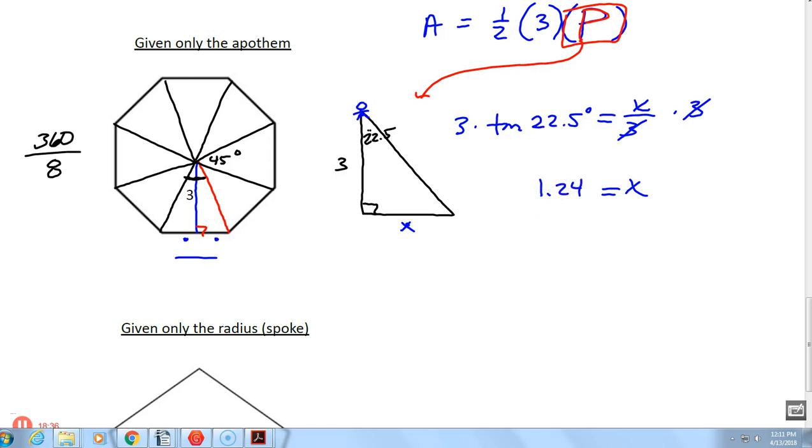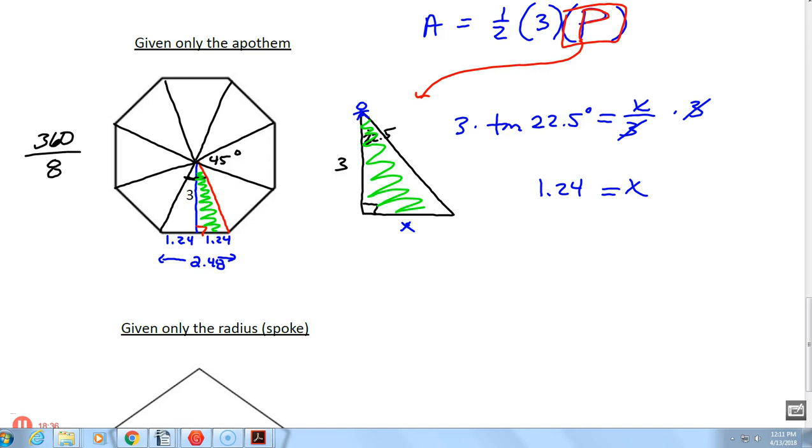I'm going to just keep 2 decimals. I think that'll be enough. Now, we still have 2 minor things to do. What I've really just found was this little half is 1.24. Because I was kind of focused in just on this triangle, I need the other side to get the true side length, which is 2.48 when I double that.